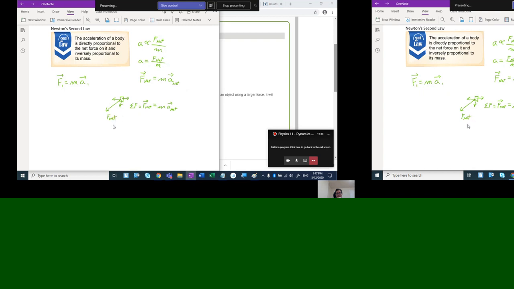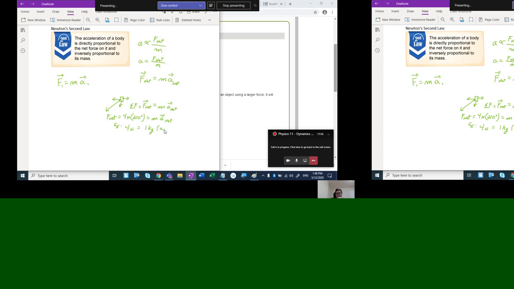Basically, if we know F net to be, for example, 4 Newton at 210 degrees, and we know the mass of the object, we can find the acceleration. Let's say the mass is 1 kilogram.